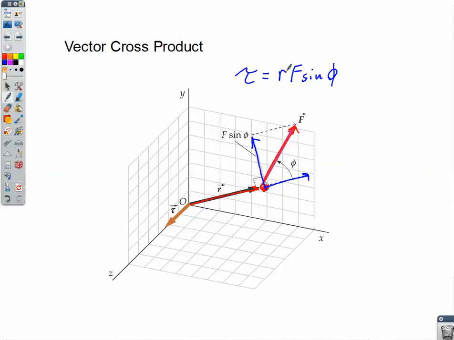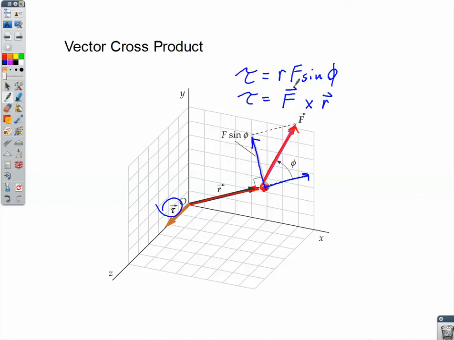Now this is technically a vector product, so we should get a vector as a result. This diagram shows which direction that torque vector is going, and we talked about using the right-hand rule. More technically here, torque is really the vector cross product of F and r.